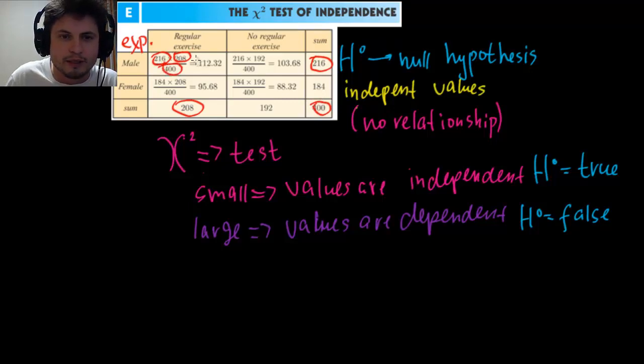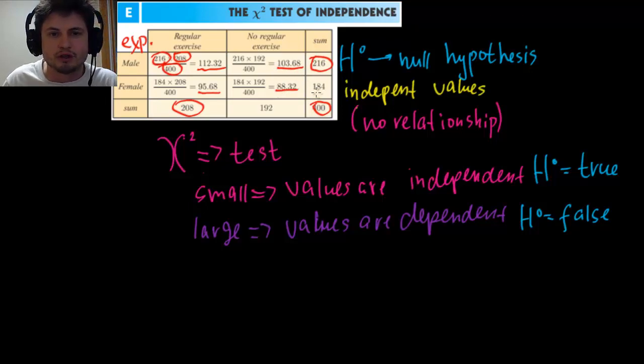What you'll get for each of the cells is displayed right here, so this value is 112.32. In other words, we expect there to be 112.32 males regularly exercising, then there are 95.68 females regularly exercising, 103.68 males not exercising, and 88.32 females not exercising.